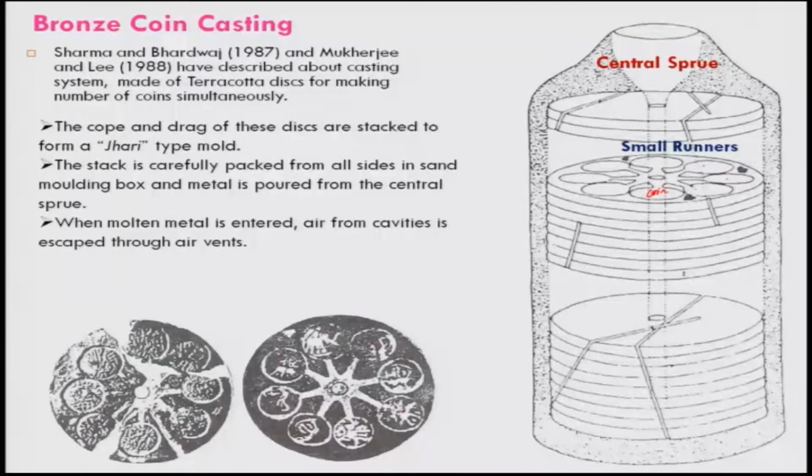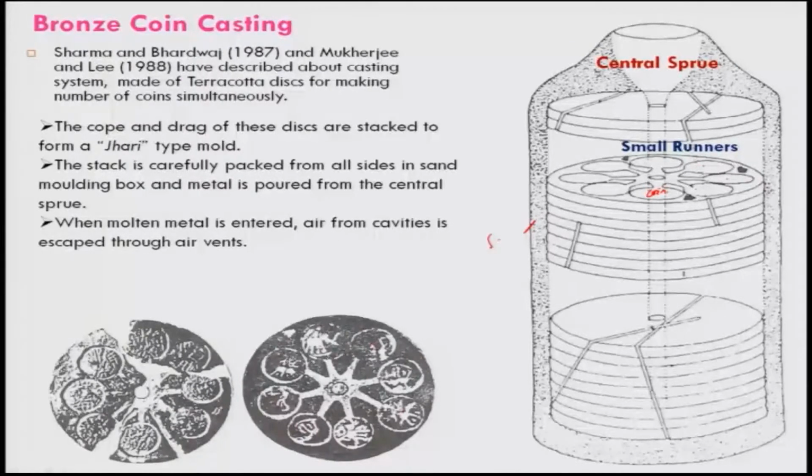This is having a cope and drag, if you look at two of them, these discs are stacked to form a jhari type mold. One is top and the other is bottom, and the stack is carefully packed from all sides. There are several kinds of stacks, right. It is packed from all sides in a sand molding box.